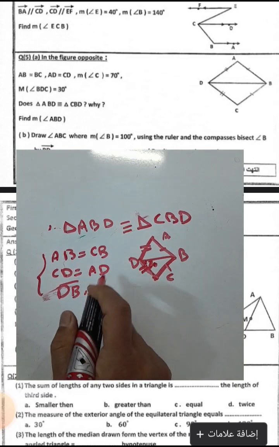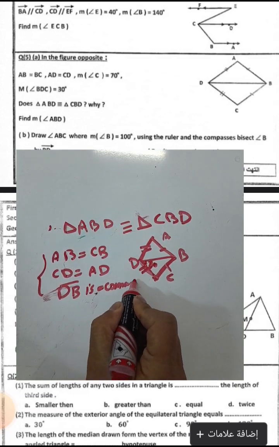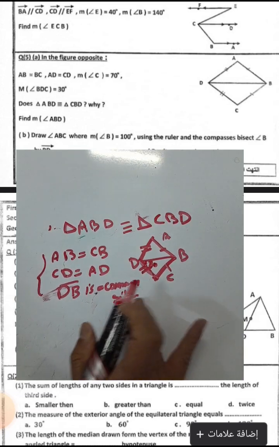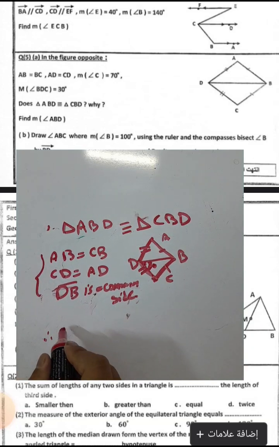Then the two triangles will be congruent.